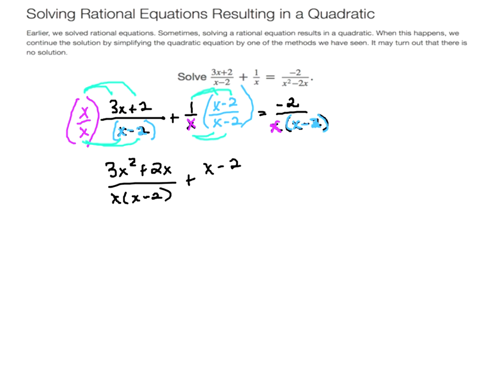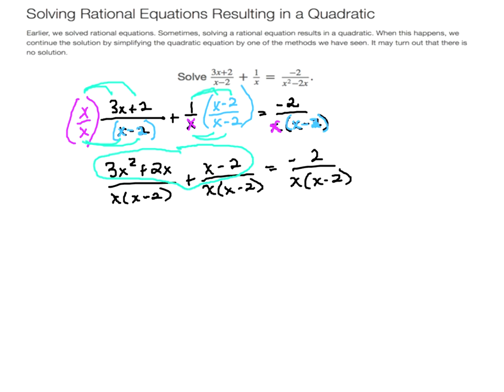Plus 1 times x is x, 1 times negative 2 is negative 2, and that is over a denominator of x times x minus 2. And that equals negative 2 times x minus 2. Okay, so I can now combine the left-hand side to create one fraction. To do that, I combine my numerators over my common denominator.